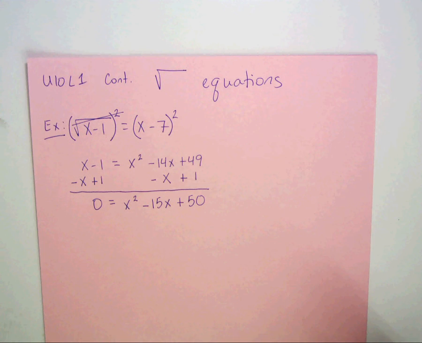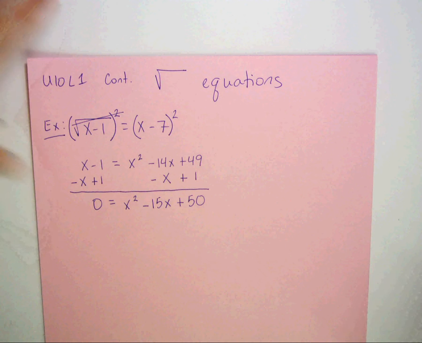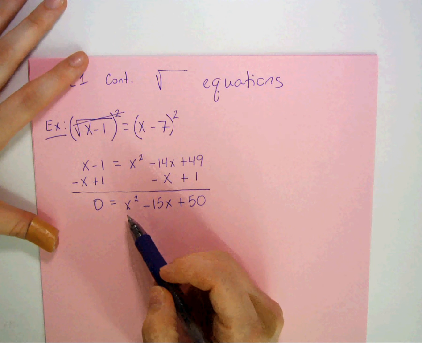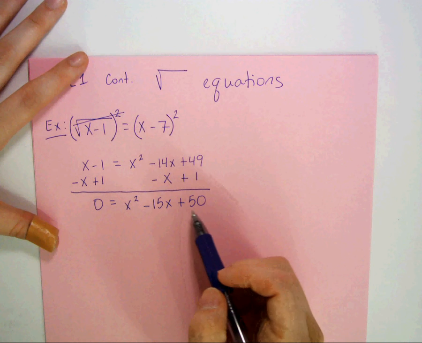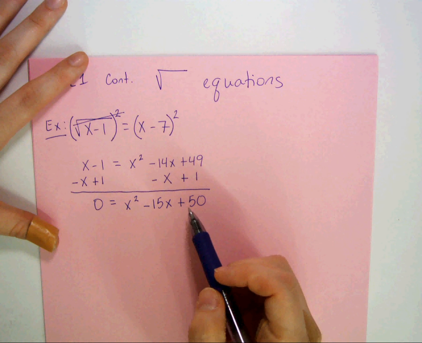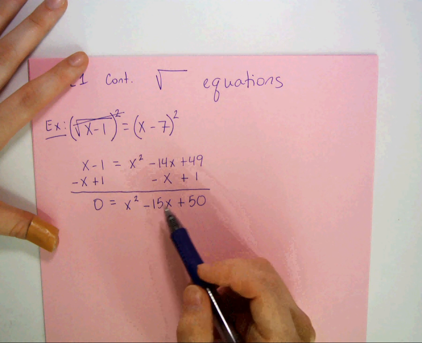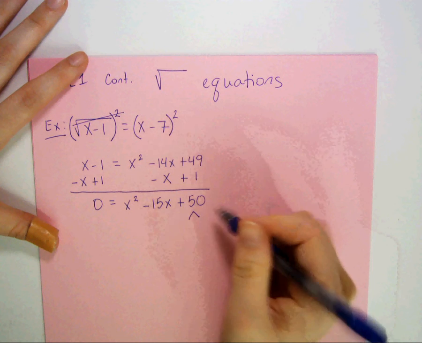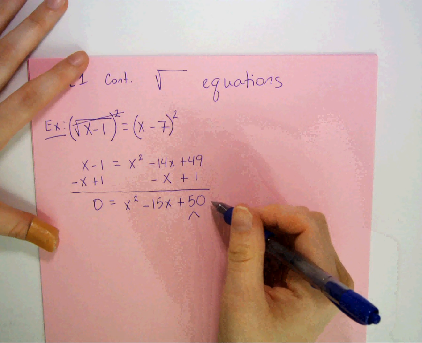Alright, so now this is just a quadratic. We have several different ways that we can solve them. This one actually ends up factoring. I don't have a number in front of x squared, so all I'm looking at are the numbers that multiply together to give me 50, and when I add them together, I get negative 15. In order to get a negative, I have to have negatives, so I know both of my factors will be negative.